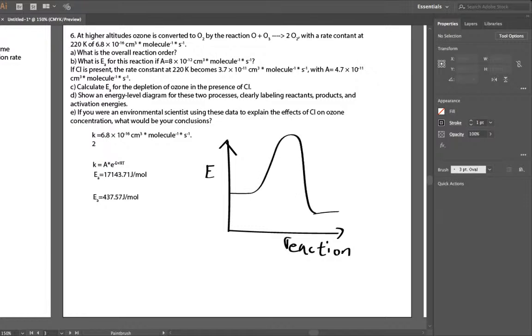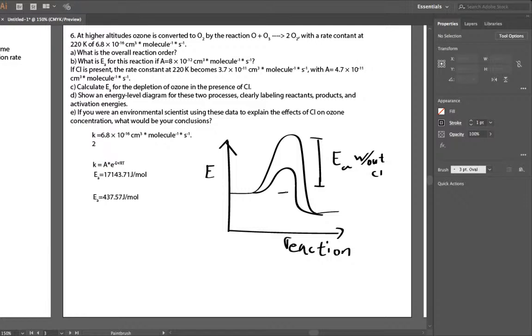This guy here is basically the activation energy for without Cl, chlorine. But then you can also just catch a new one right there.